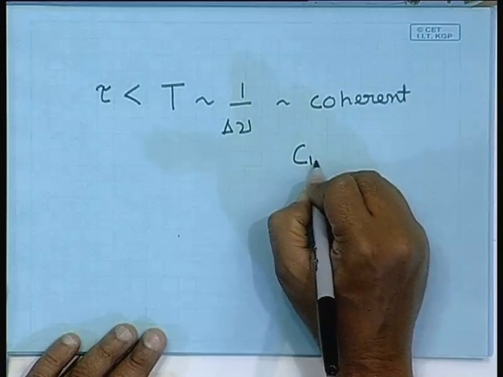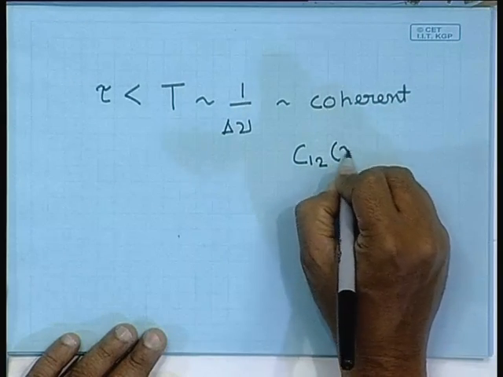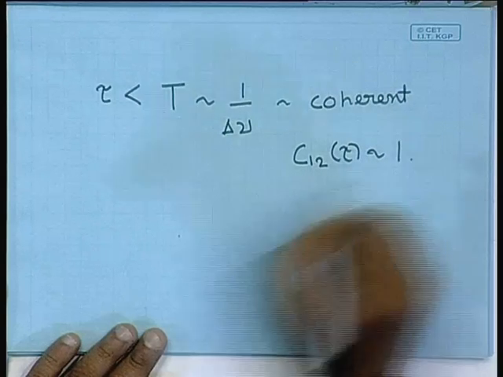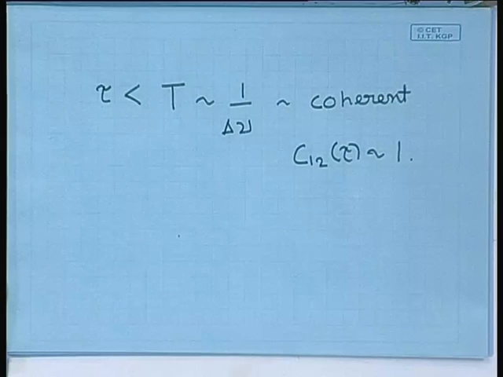So C12 is going to be of the order of unity, not exactly 1 but maybe half, something quite a bit larger than 0.